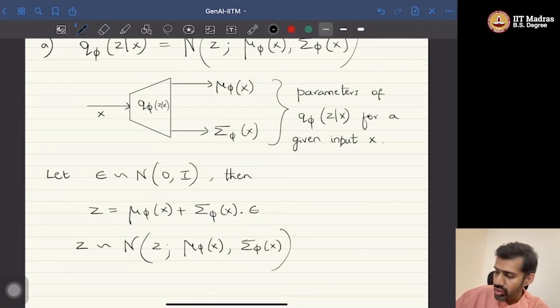So this is a known result that any Gaussian distribution with a certain mean and variance can be reparameterized in terms of a normal distribution, which is a Gaussian distribution with zero mean and unit variance.